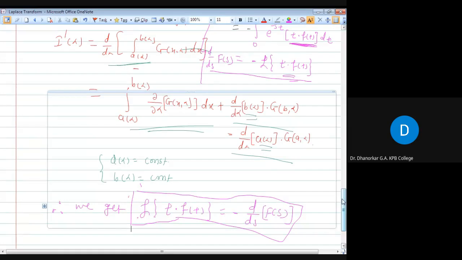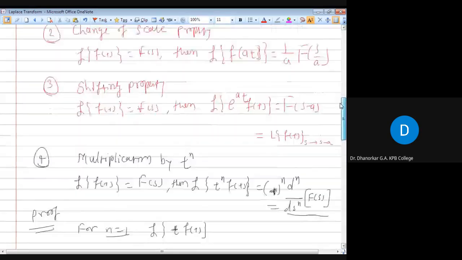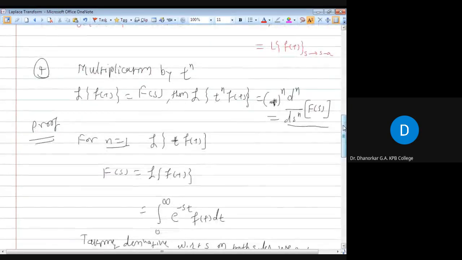What did we have to prove? We have to show this property, multiplication by t. When we are multiplying by t, we get this term. I will write this term again. Then I will take n equal to 1. What will happen?